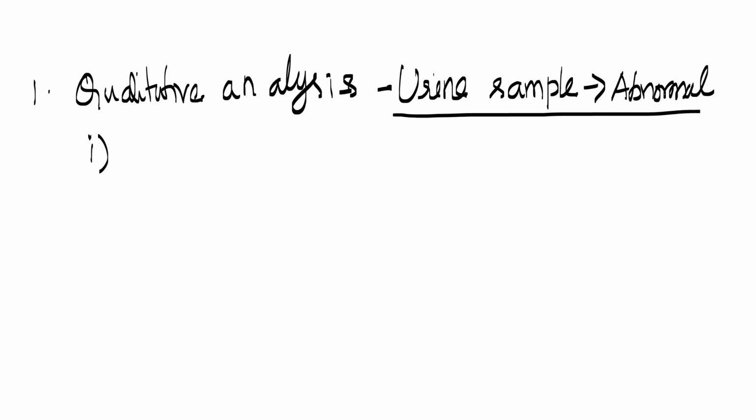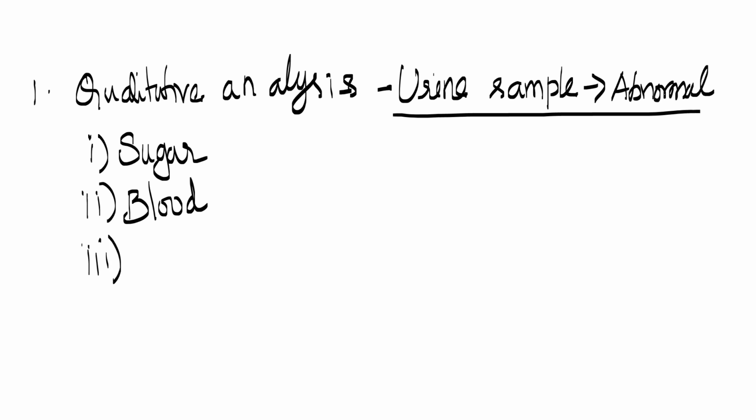The abnormal constituents are of six types. Either sugar will be there: in the case of diabetes mellitus, more sugar will be excreted. In the case of any operation, blood will be excreted. If there is a kidney failure, protein is also excreted. Ketone bodies, in uncontrolled diabetes, you can expect ketone bodies to be excreted in the urine.